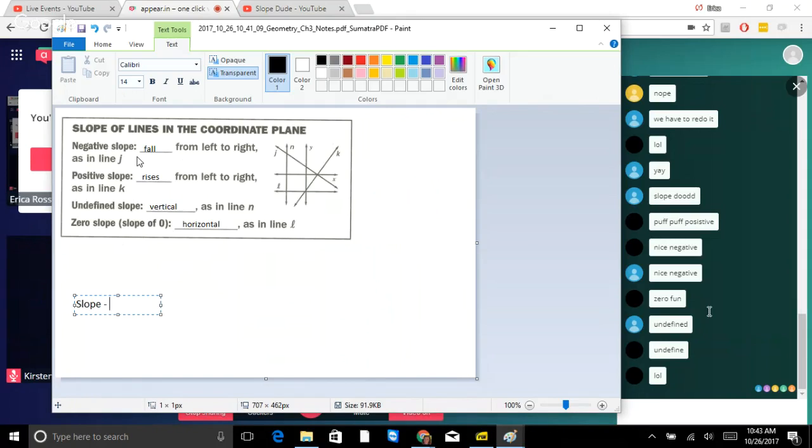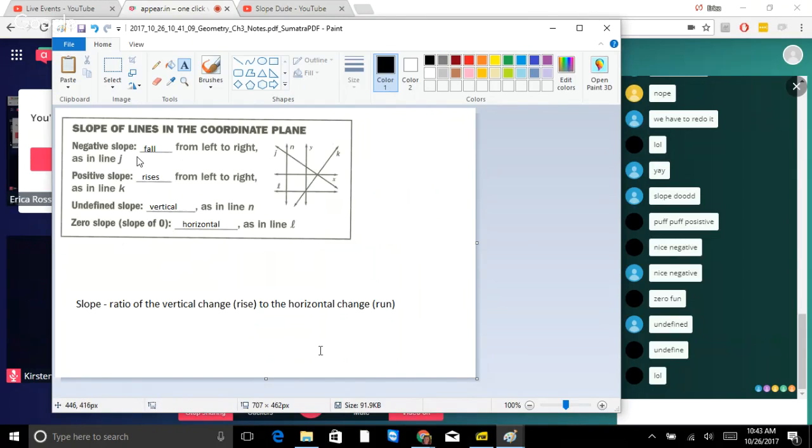So slope is the ratio of the vertical change, the rise, to the horizontal change, which is the run. Slope is the ratio of the vertical change, the rise, to the horizontal change, the run.